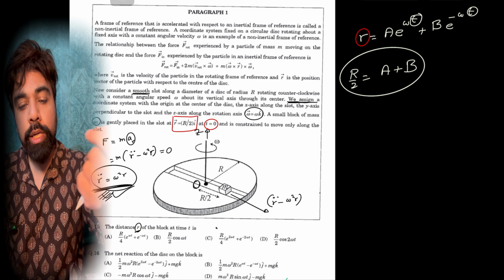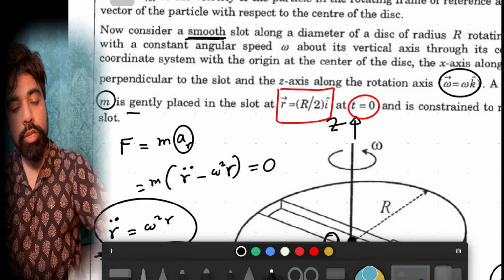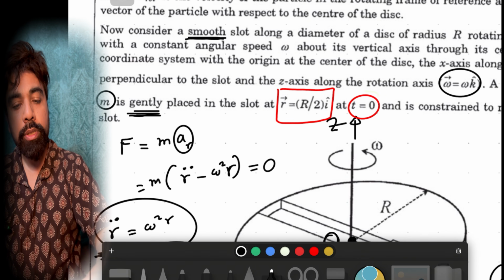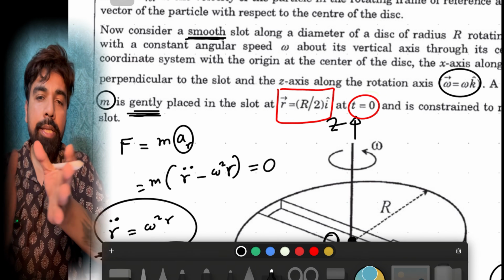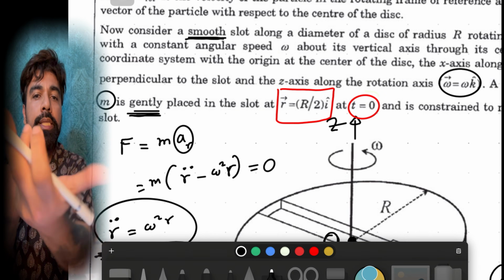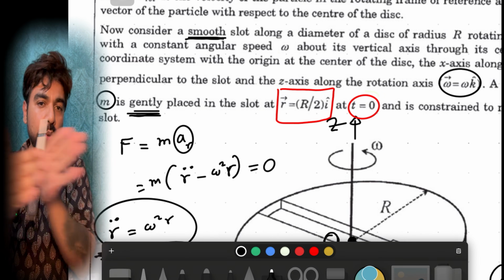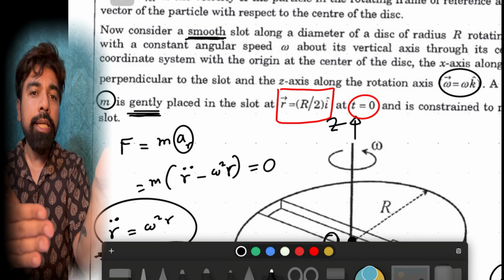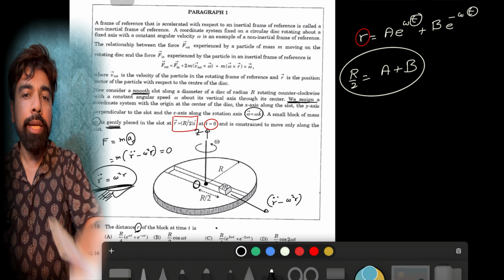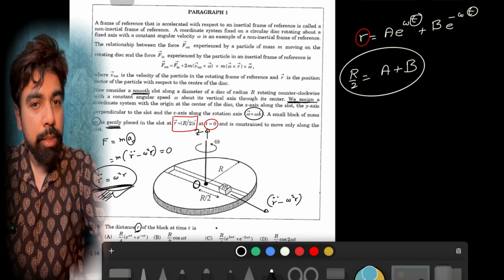For that, what I will see is that the block is gently placed on the slot. That means along that groove, along that slot, there is no velocity, because the disk is rotating, so everything has tangential velocity. No velocity in the radially outward direction. This means that dr dt at t equal to 0 must be 0.